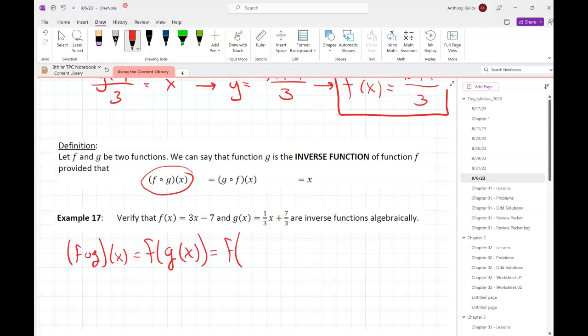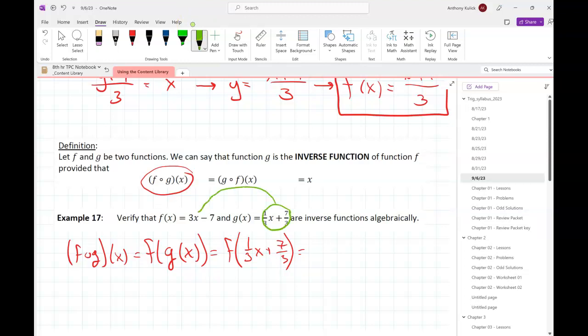And my g of x in this case is, I don't know why I wrote it differently than my answer was before, but I did for whatever reason. I wrote it this time as 2 separate fractions rather than 1 big fraction, but hey, we just talked about how that means the same thing, right? So what does it mean when I write f of 1/3 x plus 7/3?